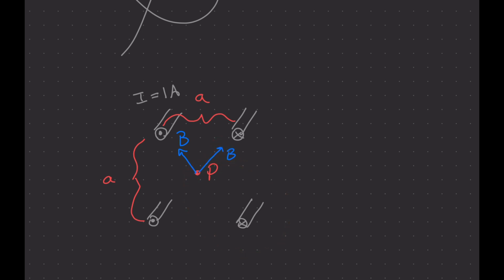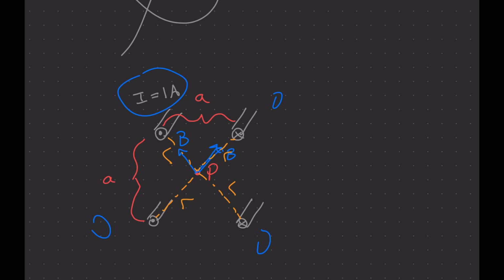It actually is going the same direction as this B. And since these four wires carry the same current, and these vectors are the same distance away, the distance from each wire to P being r, the magnetic field here will actually be the same length. Cool. Now let's do the last wire here.